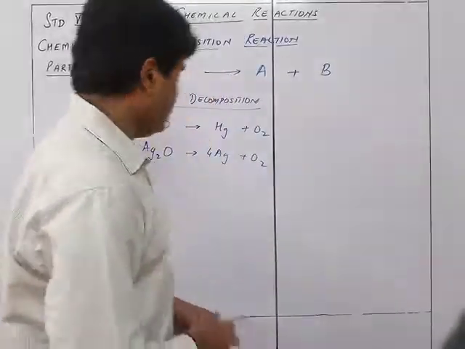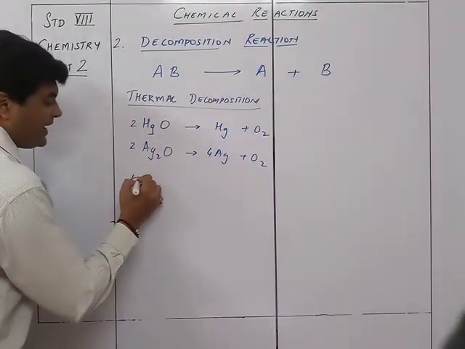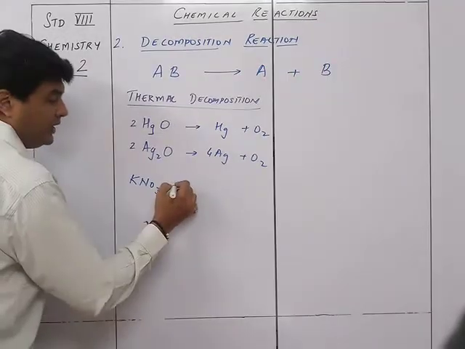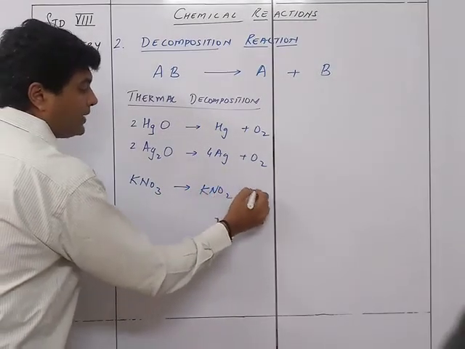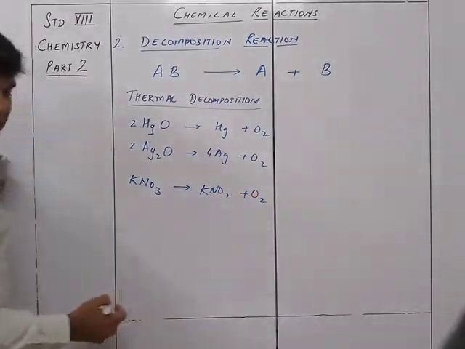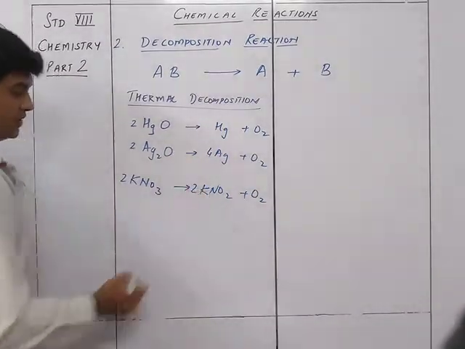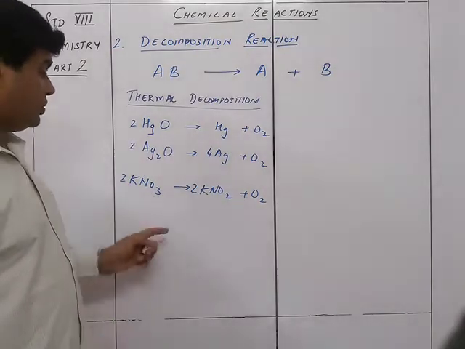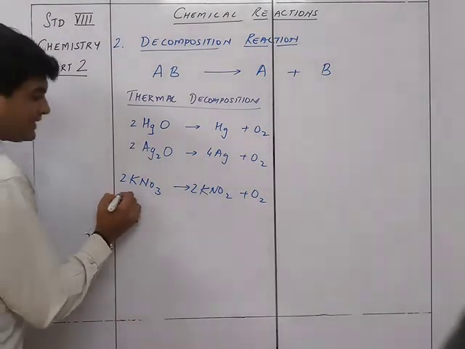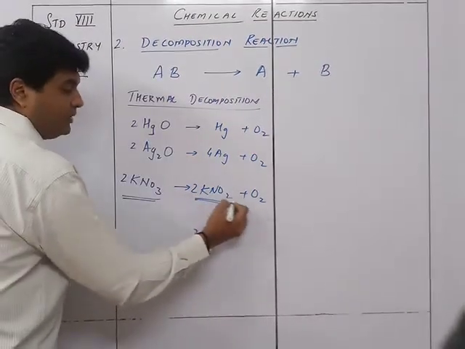So we will see that when KNO3 is heated, it gives you KNO2 plus O2. We need to balance this, so this will be 2 and this will be 2, which I think suffices. Here, this is a compound, this is a compound, and this is the element.